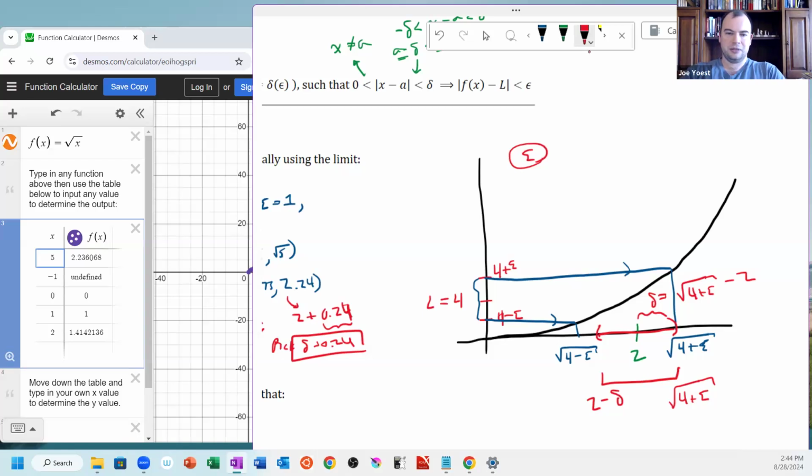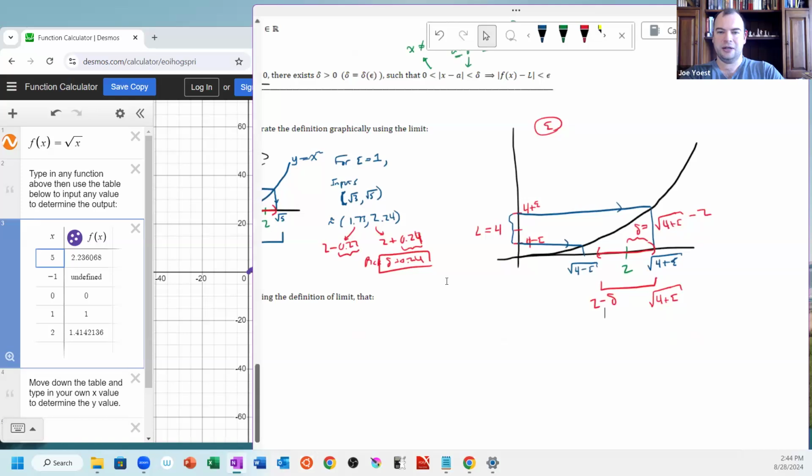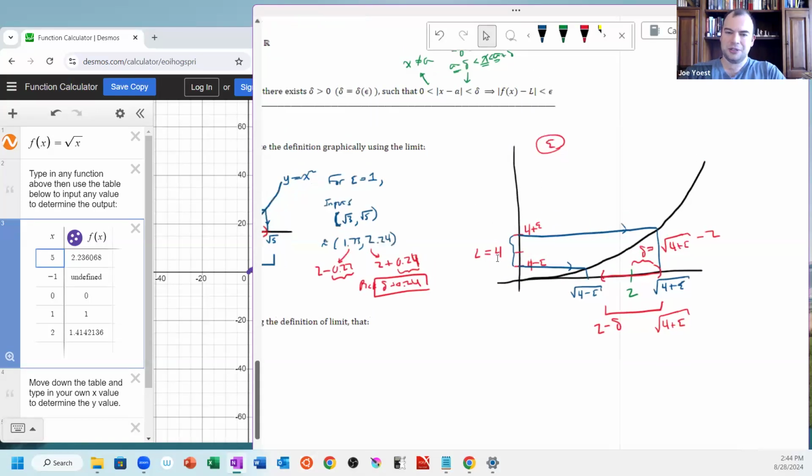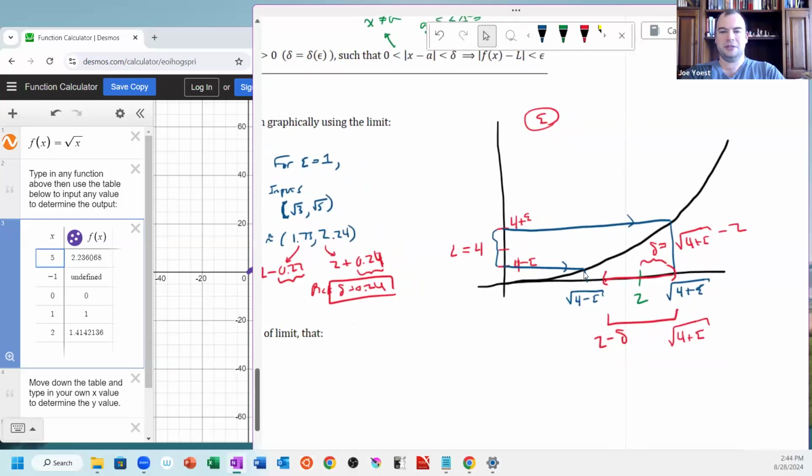So this is the idea that we're trying to get at here, is that I can do this for any epsilon. Now, it's actually super important that I've leveraged here that this is an increasing function. It's not a function that, like, if my function did something like this, well, then I wouldn't be able to just look at the 2 endpoints.